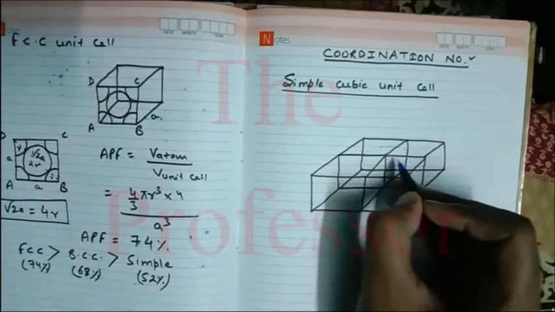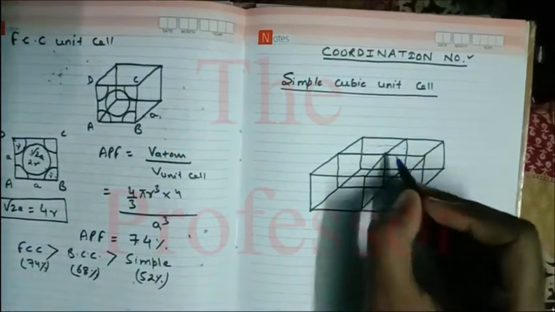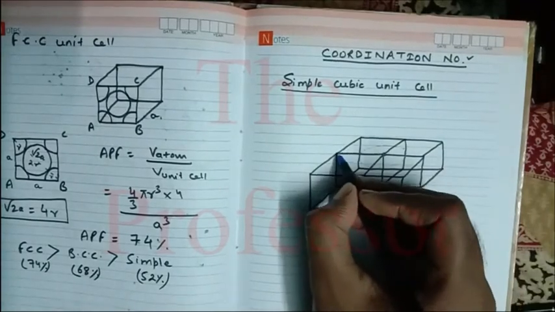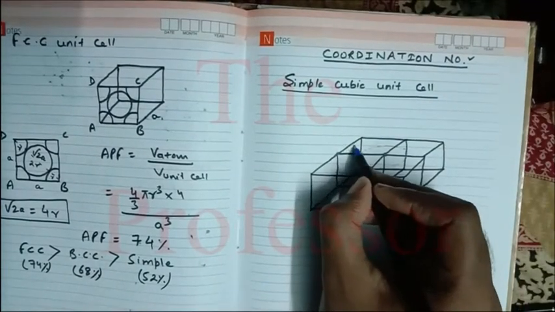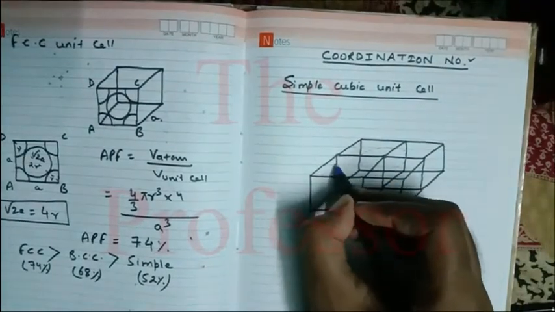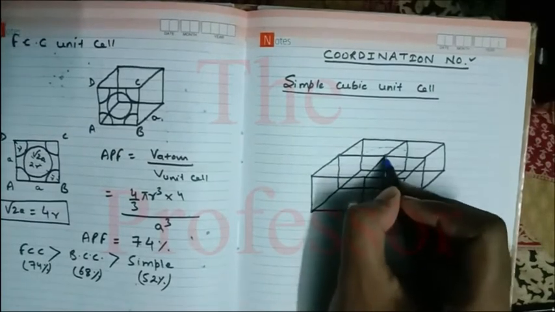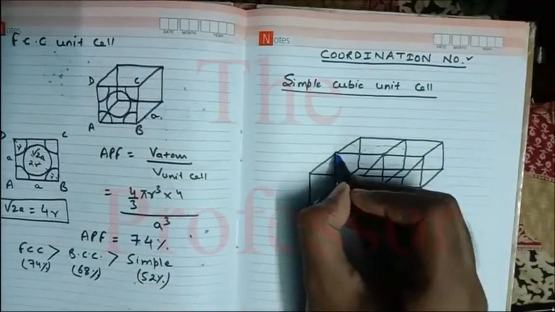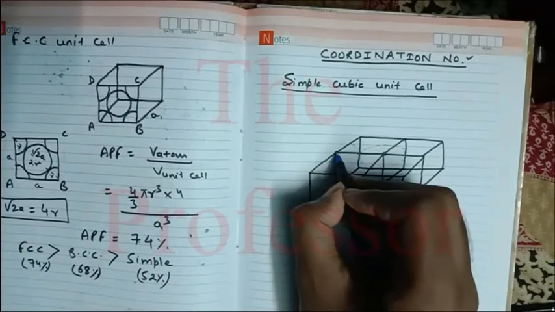So this atom which was present at this corner, this atom is in contact with the atom which was present at this corner, right? ये जो एटम था जो इस कॉर्नर पर प्रेजेंट है, this atom is in contact with the atom which is present at this corner.